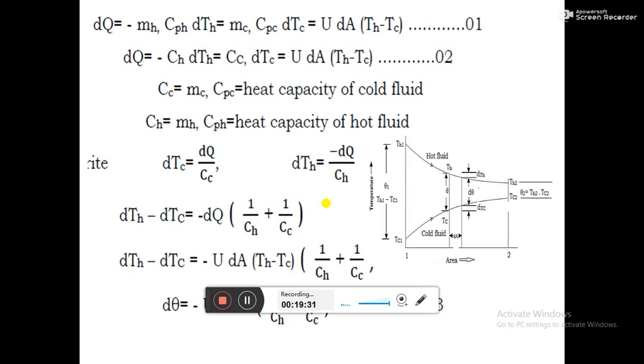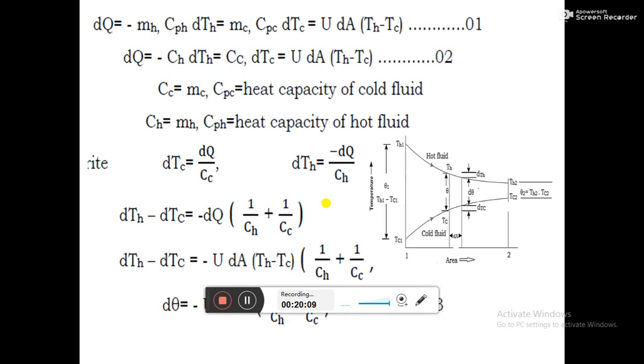Now we can write dTh minus dTc equals minus dq into 1 by Ch plus 1 by Cc. I have taken minus dq outside. When minus dq is taken outside, we are left with 1 by Ch and plus 1 by Cc.